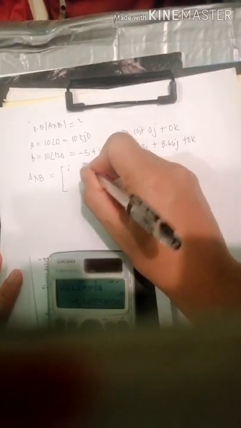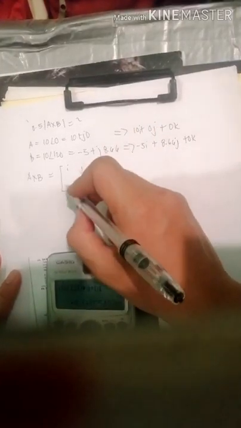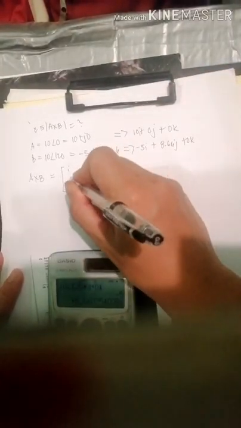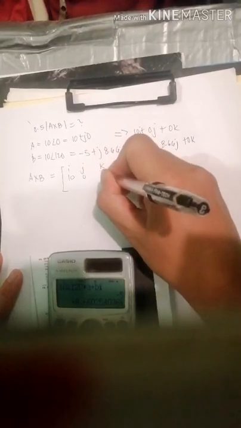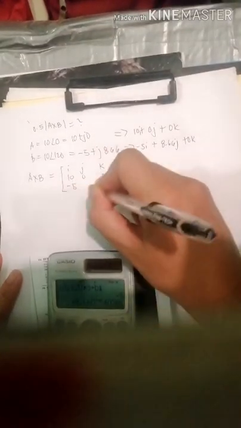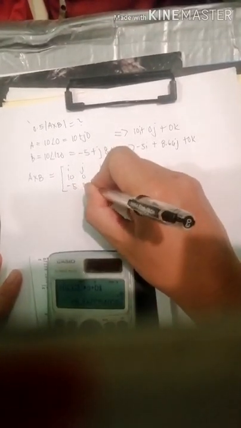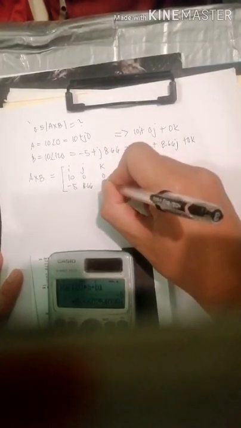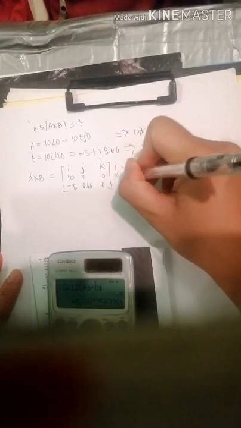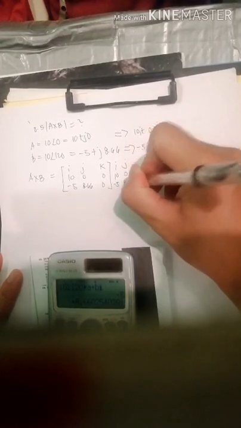Then the 3 by 3 matrix with i, j, k, 10, 0, 0, and negative 5, 8.66, 0.